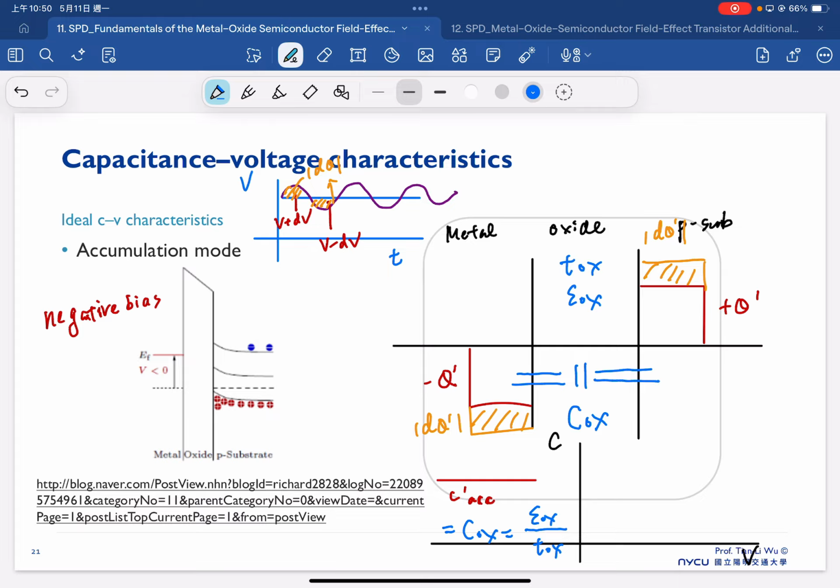That's all. It's very simple. It's not that difficult. Just under negative bias, in the end, we find that the accumulation capacitance is exactly equal to our oxide capacitance.